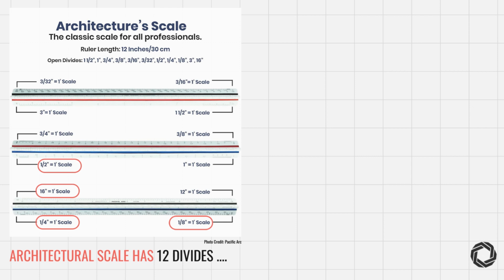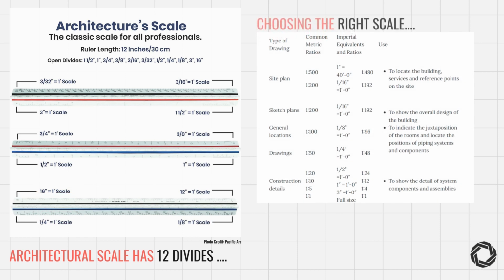That's not to say that other scales are not used, but for consistency in the profession, those are the scales that I typically see. To dive a little deeper, choosing the right scale is really reliant upon the type of drawing that you're going to be creating. For site plans in the landscape architecture profession, 1/16 of an inch equals 1 foot is typically the scale that is used.